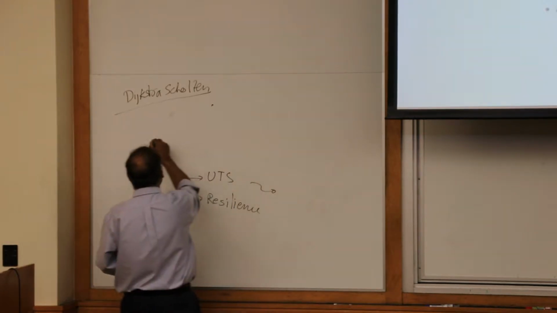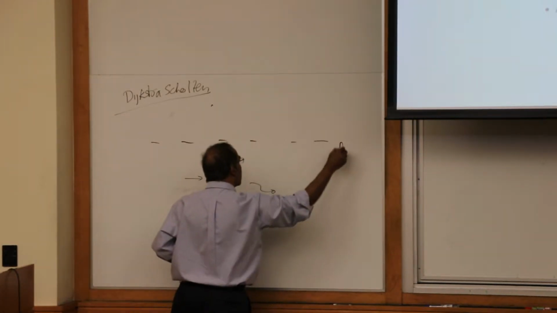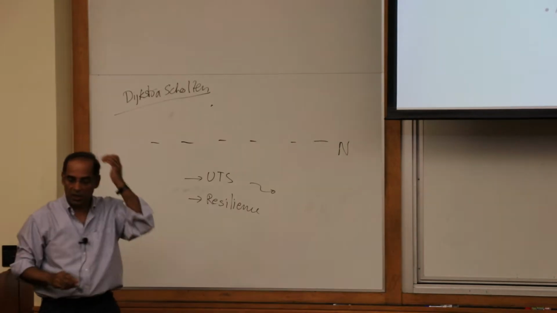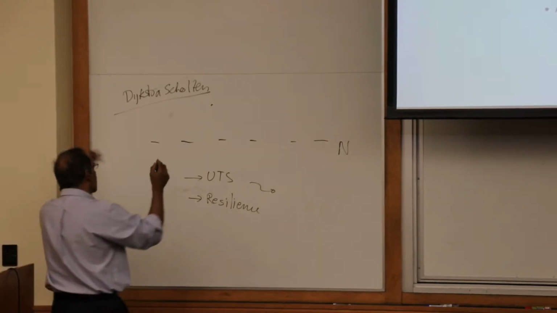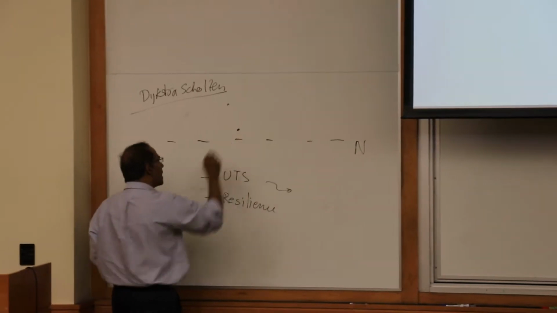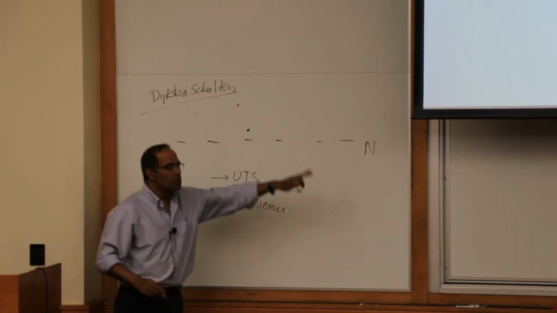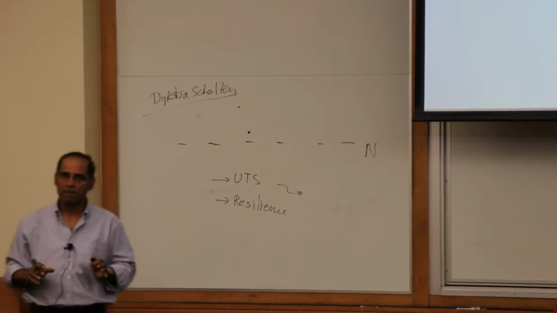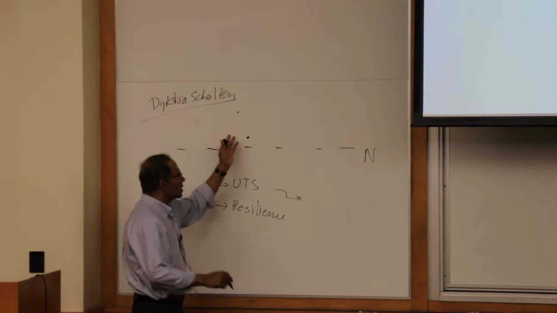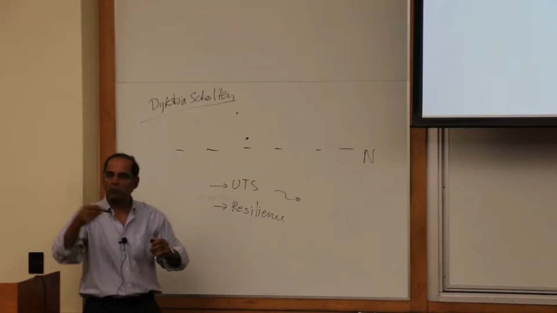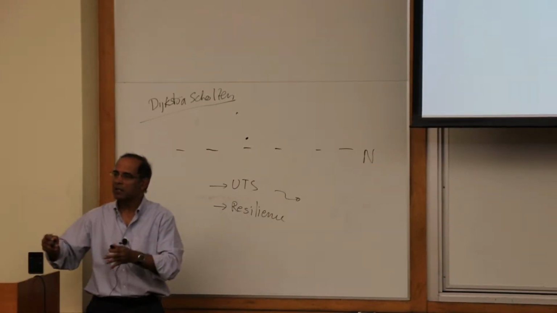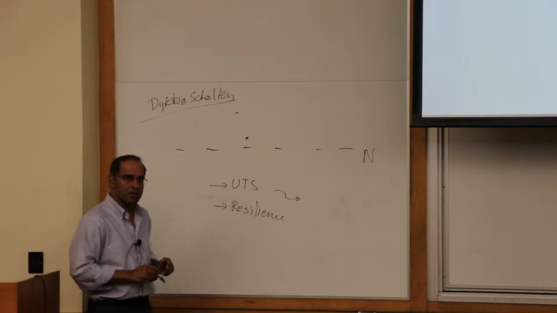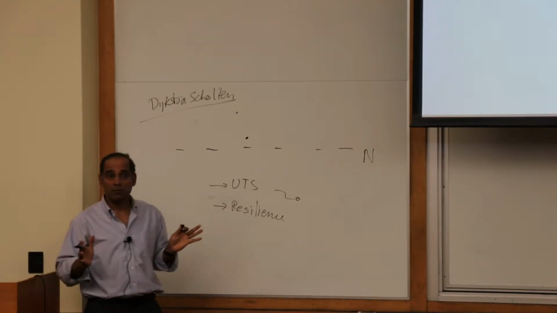So you've got some bunch of nodes, n, in Dijkstra's notion of diffusing computation. Initially, you start with some node that has some work. All of these nodes are sitting there, they're passive. A node that has work is going to go active and work on it. It might lead to sending messages to other nodes. Which other nodes, we don't know, right?